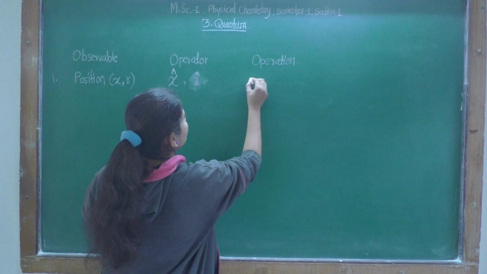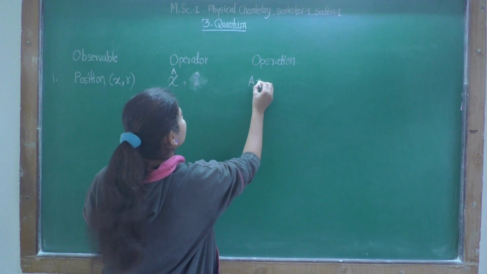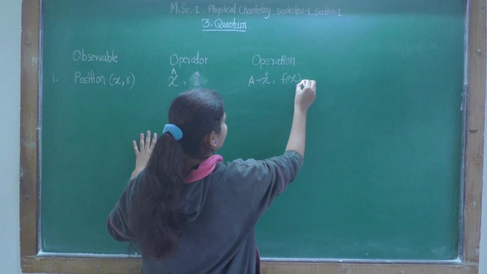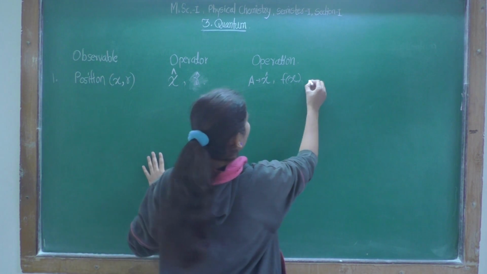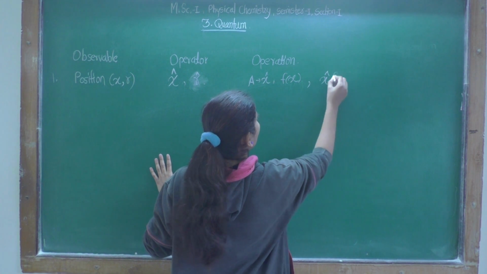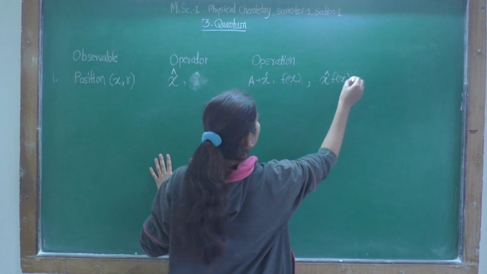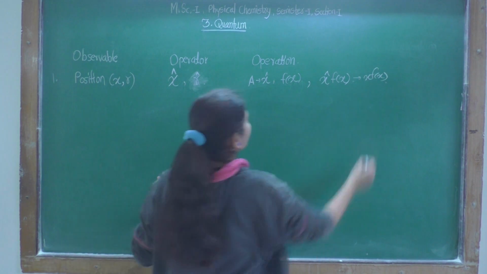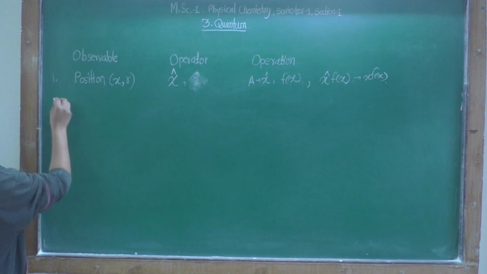Suppose our operator is x cap and our function is f of x, then the operation is just multiplying the operator by the function, and we get x f of x. This is the operation for position.